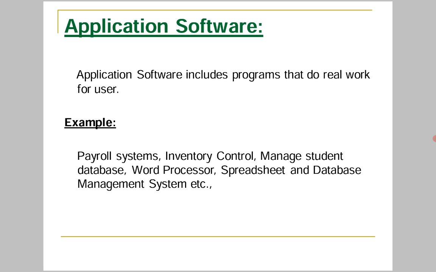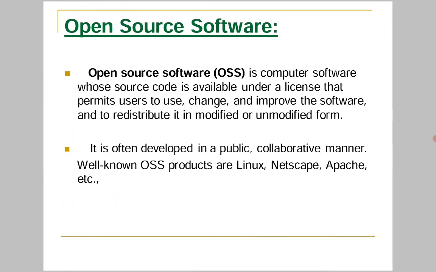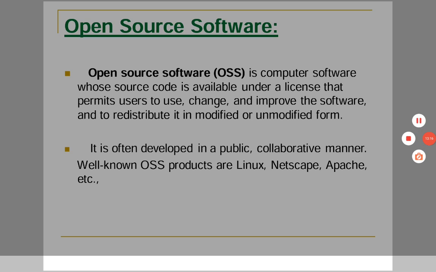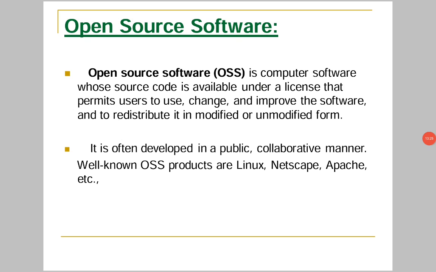The third type of software is called open source software. Generally, open source software is free. It is available free of cost and ready to use, and there are no special permissions or copyrights.